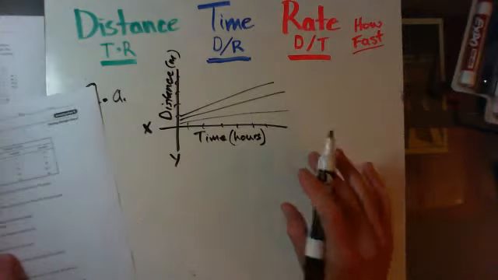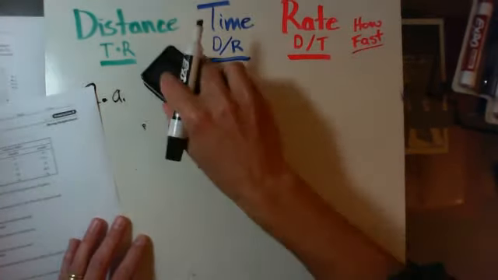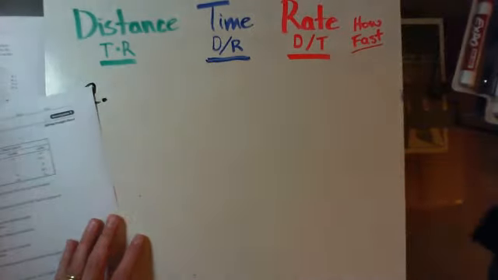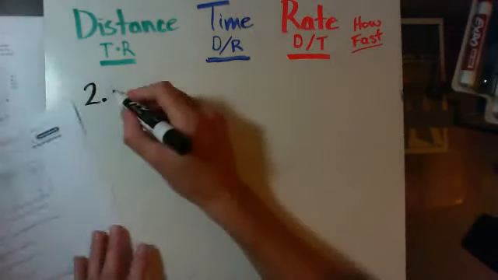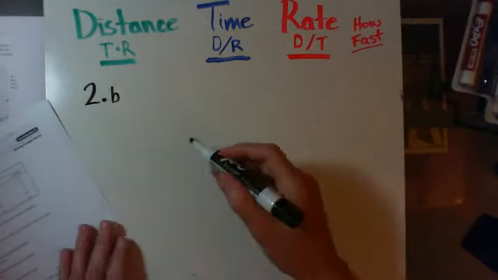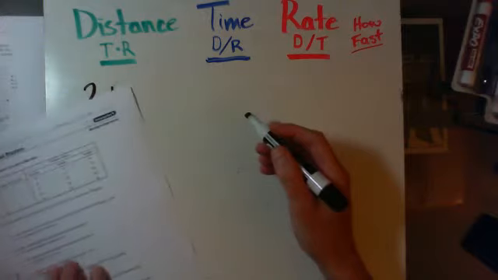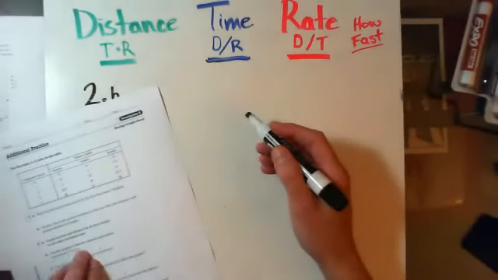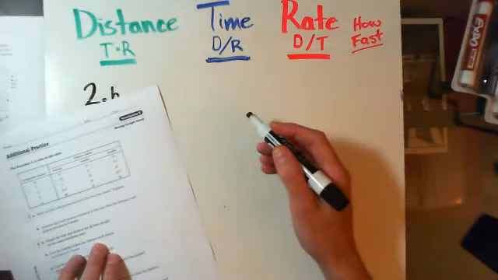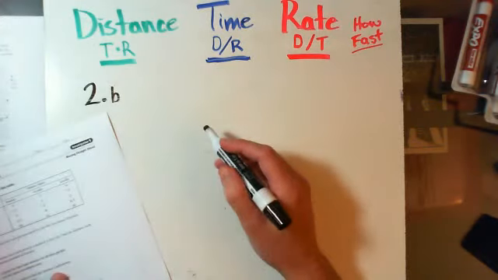For B, you don't need the graph to figure this out. You can just simply use what you learned from problem 1, and you could figure out the distance each person traveled. You can figure out the distance that each person traveled by simply, again, distance is the time times the rate.